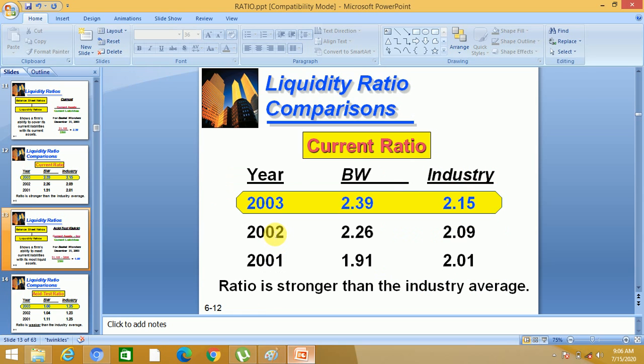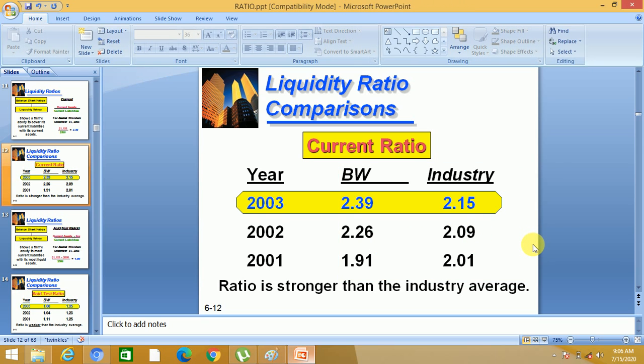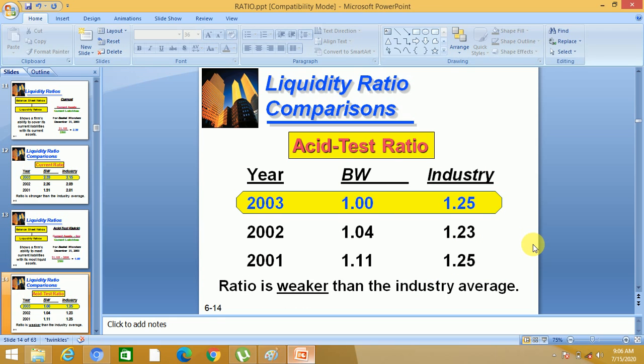But if you look at one point, our current ratio is above the industry average. See, 2.39 and 2.26, we are above the industry. Our ratio is better than the whole industry. But here, our ratio is below the industry average.